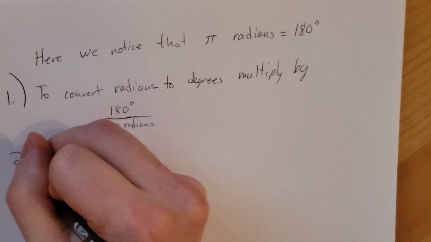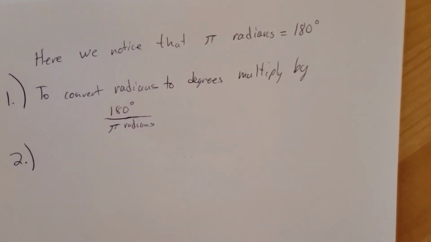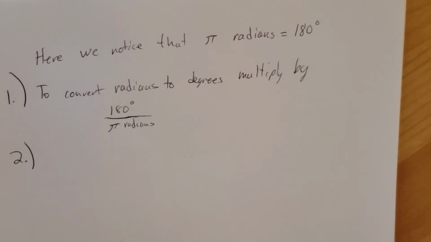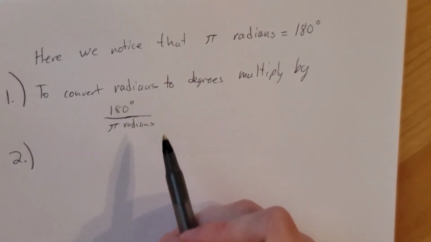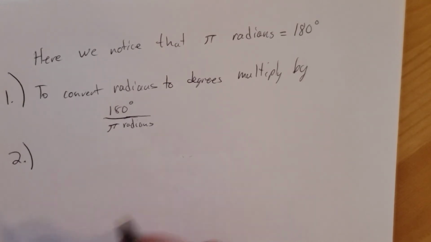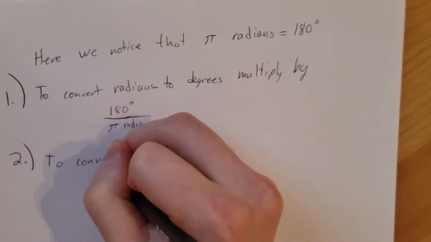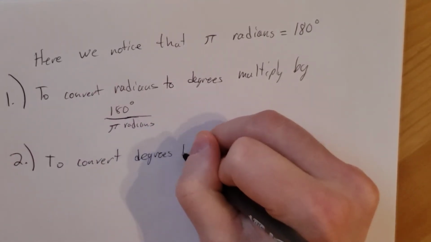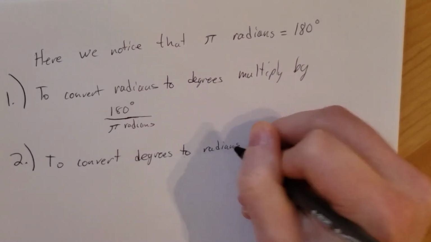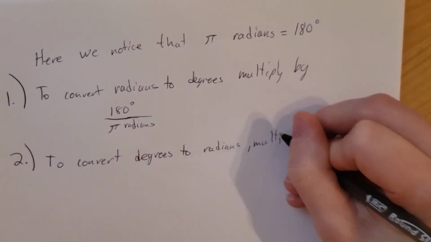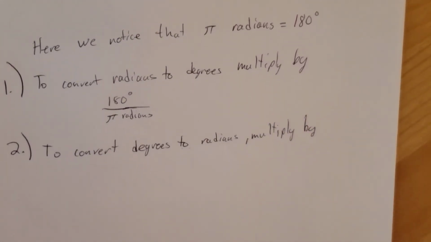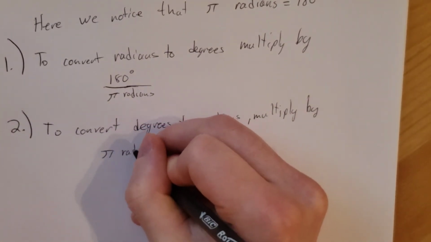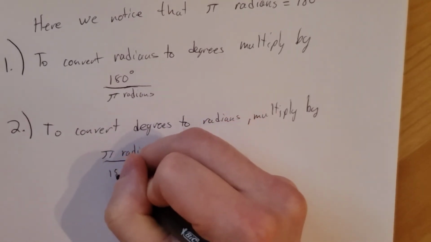This is very similar to some types of calculations you might do in a chemistry course whenever you're converting feet to meters or so. You make a conversion in a similar way. To convert degrees to radians, multiply by pi radians over 180 degrees.